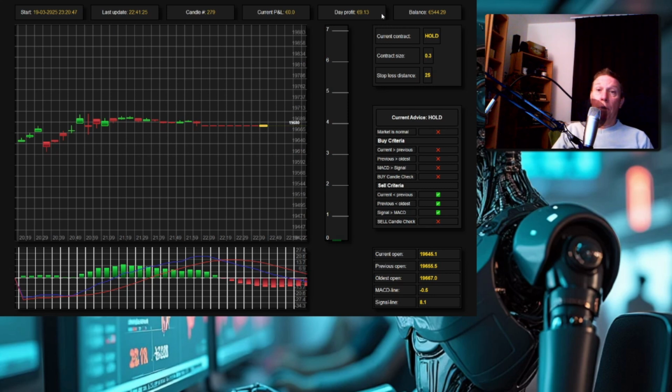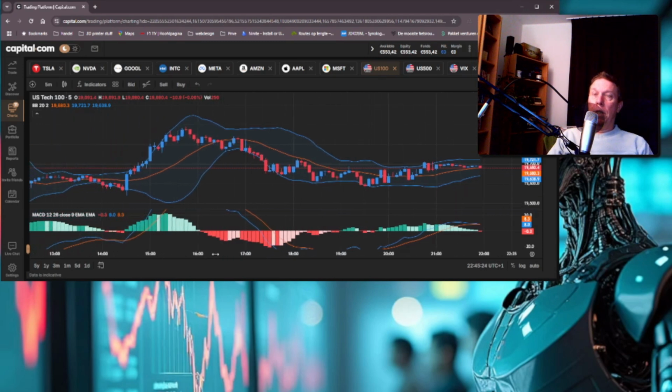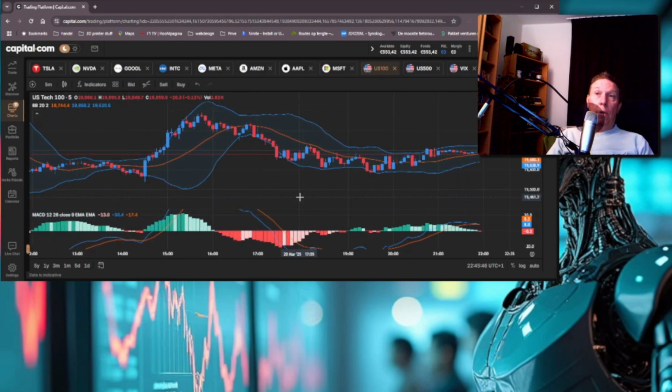So let's go from the bot to the market. If we look at the market for today, and let's make this smaller again, we see we had an active market and the general trend looking as if we're going down. This is the 5 minute, and we're going to take the 1 hour.